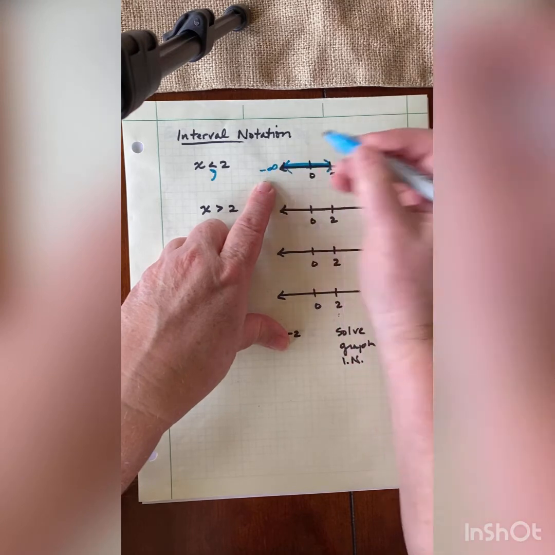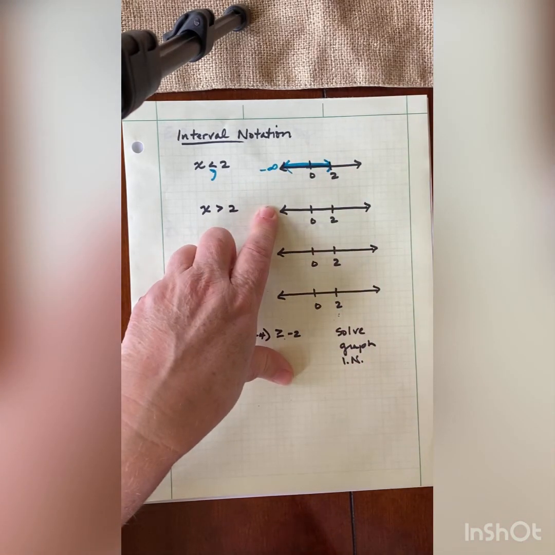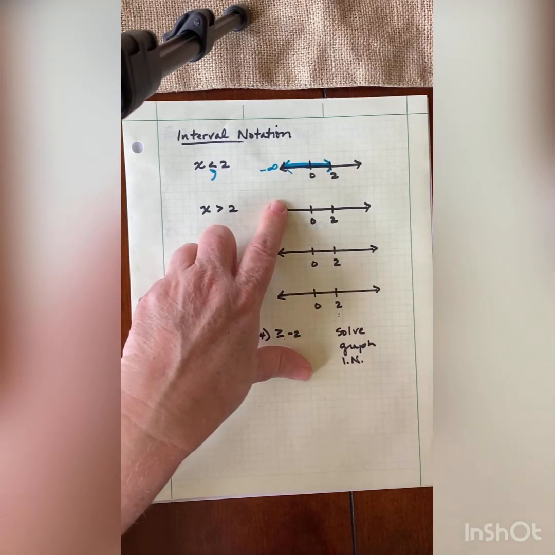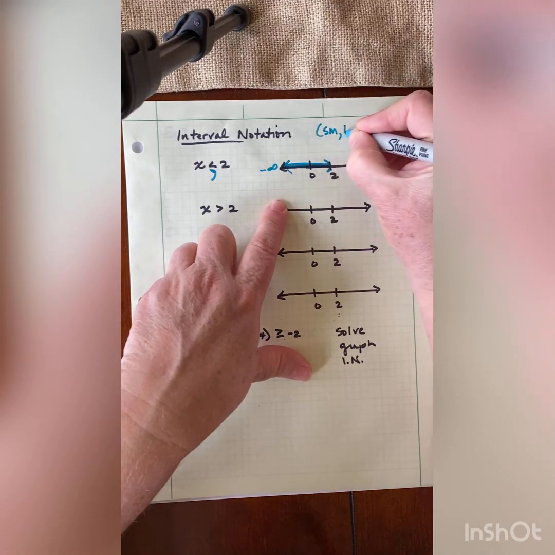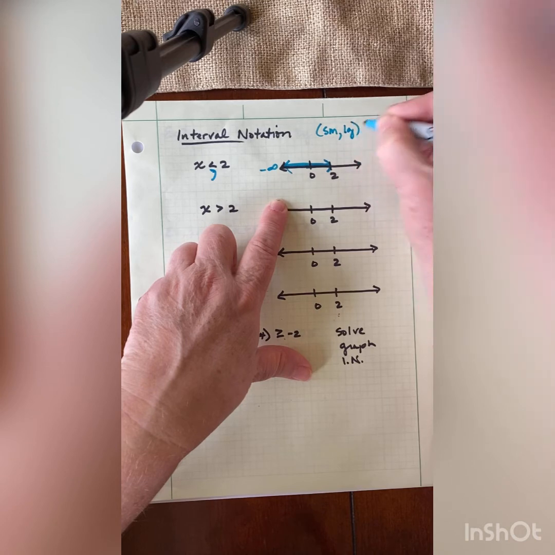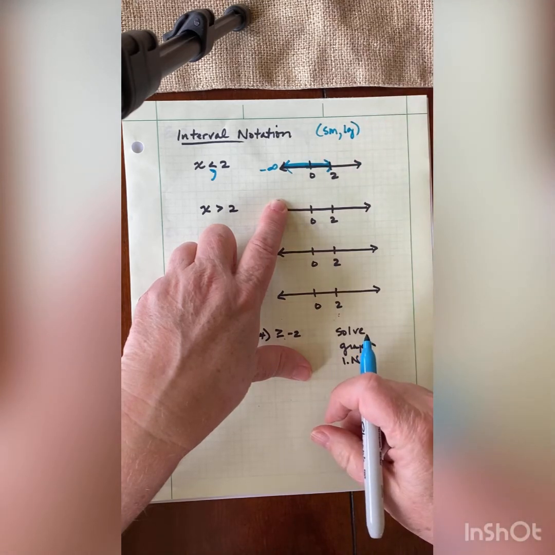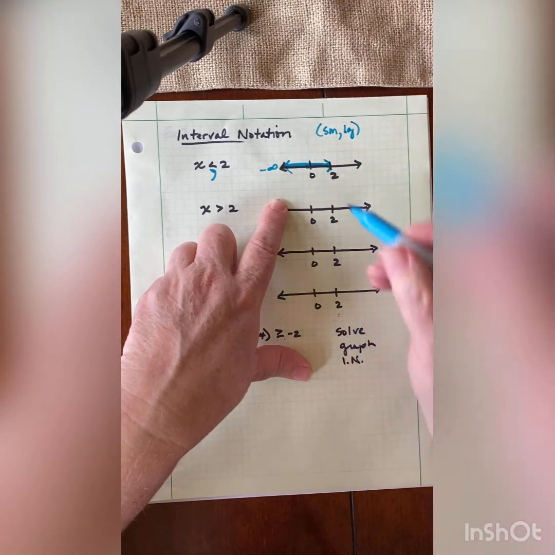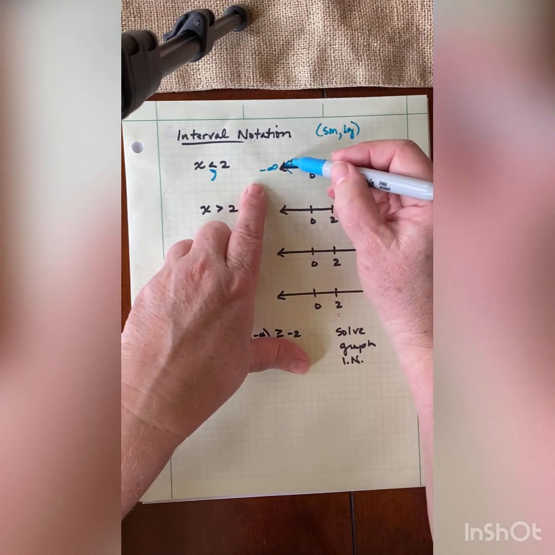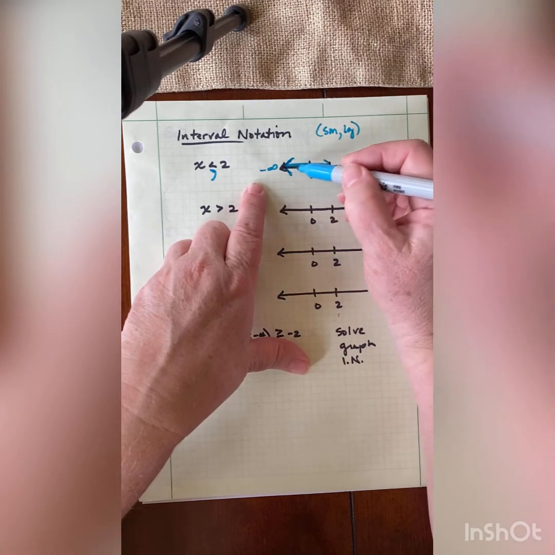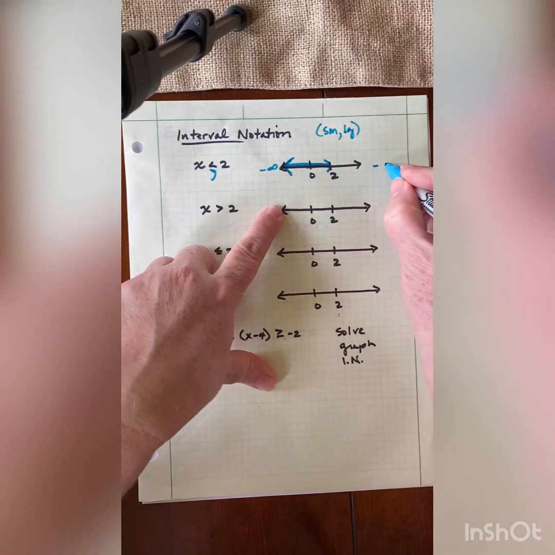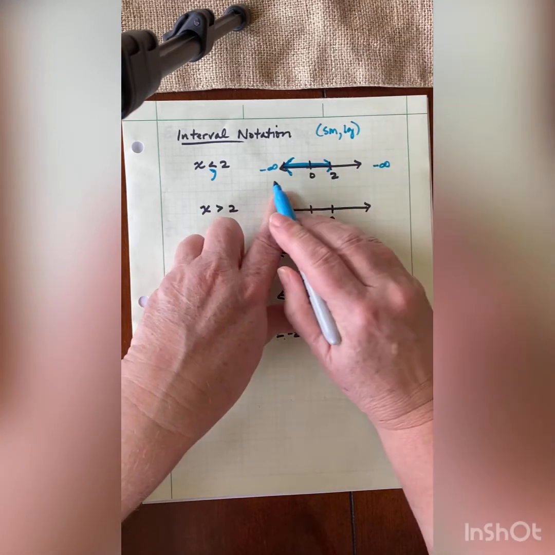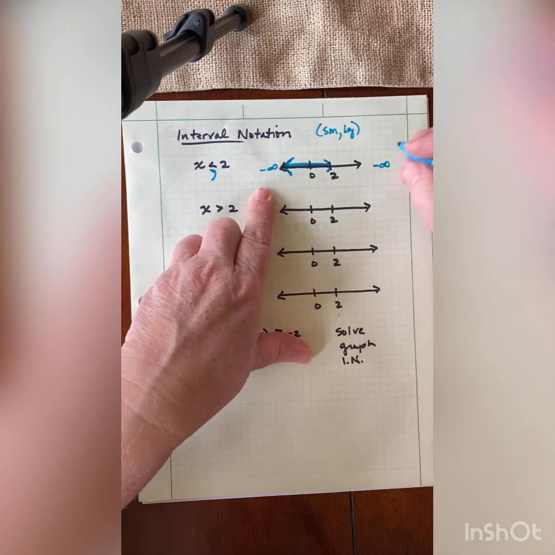Negative infinity. Now when we do an interval notation, we always put the smallest possible answer first, and then the largest possible answer after it, okay? And our smallest possible answer, this is pointing, it's got an arrow on it. It's going all the way down to negative infinity. So it'd be negative infinity. What's my largest possible answer? Oh, 2.